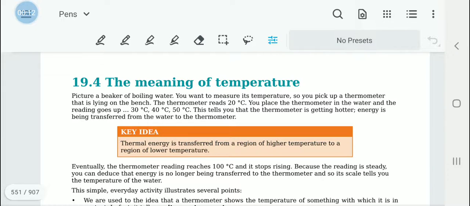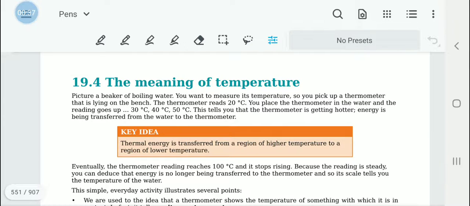So now you have learned and discussed what temperature means in your ordinary levels, and also in AS level there were some mentionings about the temperature. So now you know that there are different ways how temperature can be measured.